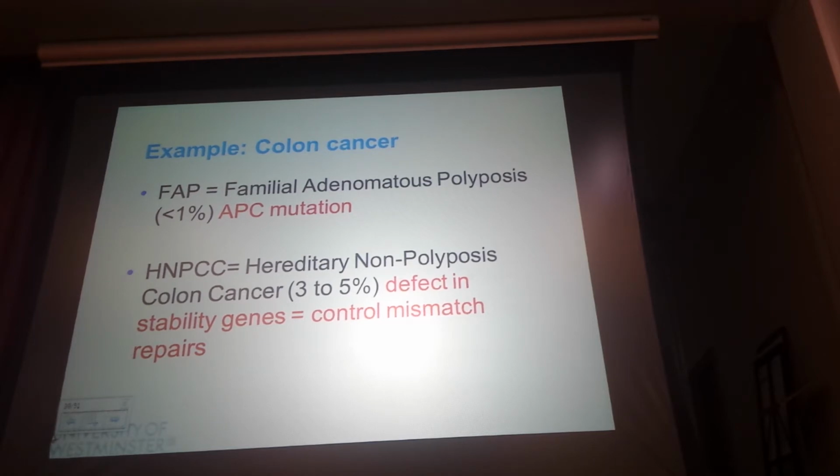Most of the cancers are sporadic and they require somatic mutations. So less than 1% of colon cancers have a mutation in a gene called APC, and that causes familial adenomatous polyposis. And the other example of hereditary colon cancer is HNPCC, which represents around 3–5% of all colon cancer. And there is a defect in the mismatch repair genes that I will explain later.